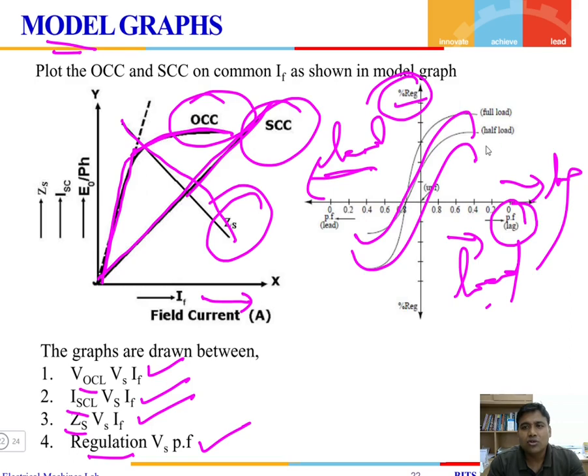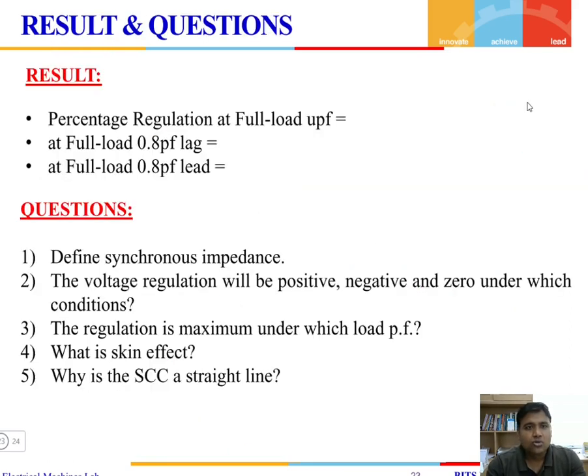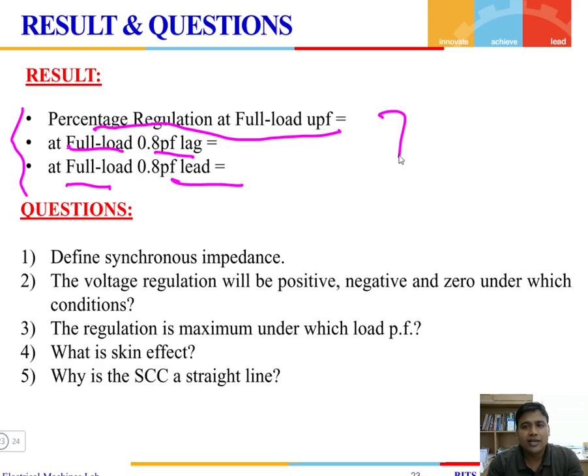The graph can be drawn at half load or the full load condition. Finally, we can determine the percentage regulation at full load unity power factor condition, full load 0.8 power factor lagging condition and full load 0.8 power factor leading condition. This is the result that we need to find at the end of doing the experiment.